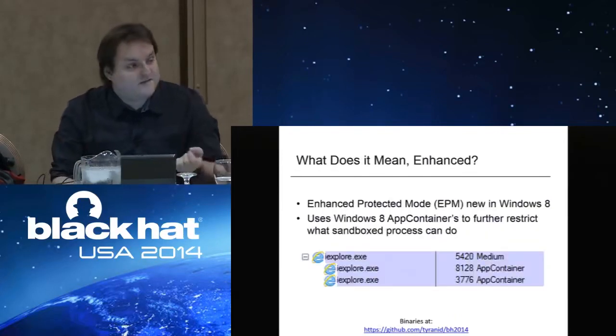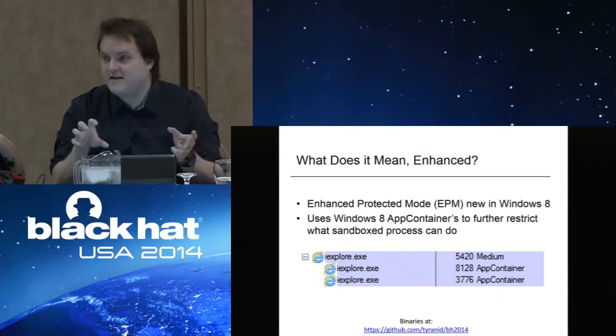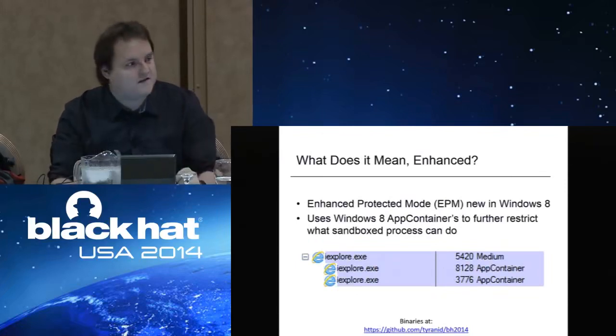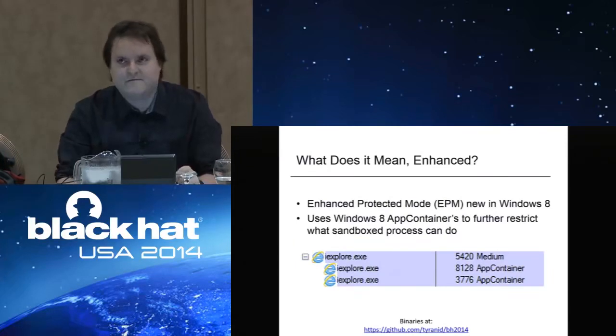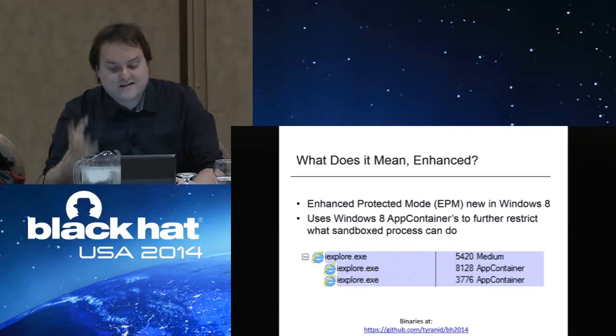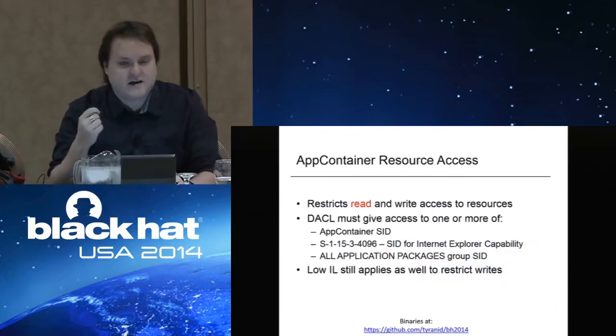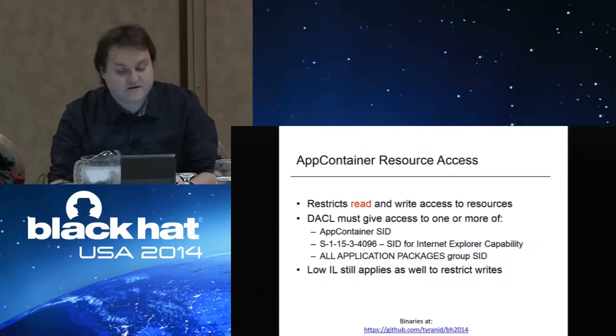So with Windows 8, they added a new sandboxing technology, app containers. It's what actually underpins the Metro applications, or modern applications, or whatever the hell they're calling them this week. And they use this now as the new Enhanced Protected Mode sandbox, which is a lot more restrictive. Specifically, you need to give explicit permissions to both read and write to resources.